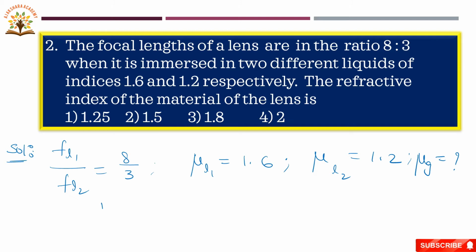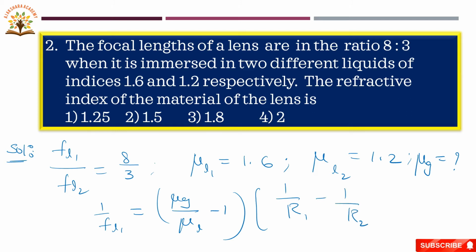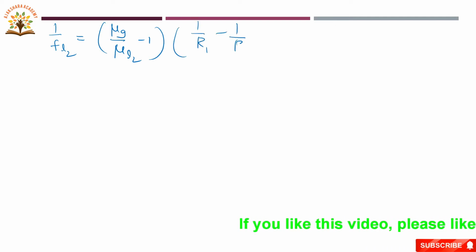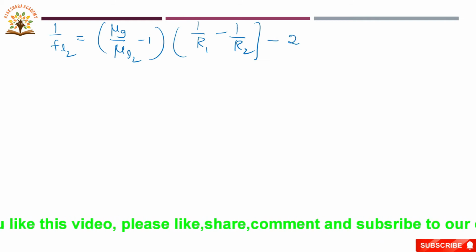Now 1 by F L1 is equal to (mu G by mu L1 minus 1) into (1 by R1 minus 1 by R2). Consider this as equation number 1. Next, 1 by F L2 is equal to (mu G by mu L2 minus 1) into (1 by R1 minus 1 by R2). Consider this equation number 2.